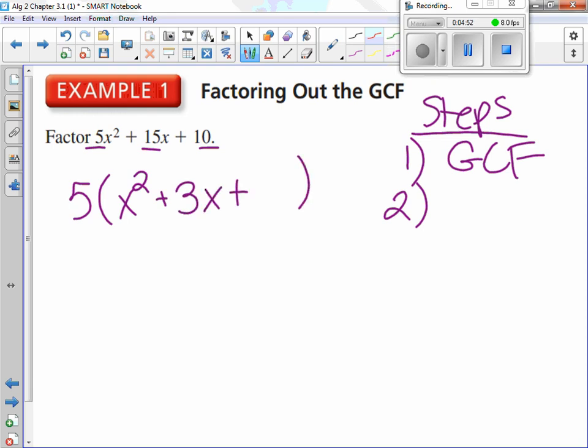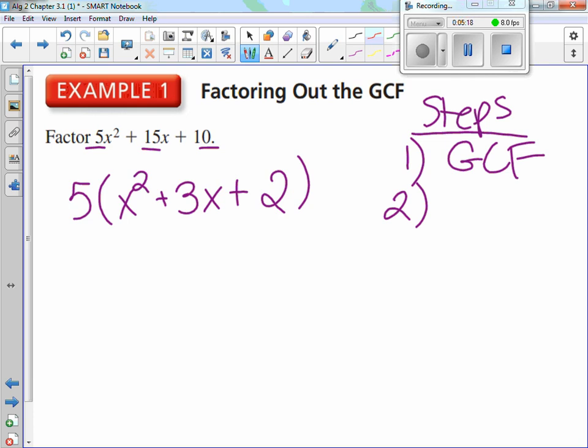And lastly, 5 divided out of 10. 10 divided by 5 is 2. There will not always be a greatest common factor, but if there is, we factor it out. We factor it out first because it's going to make factoring easier.